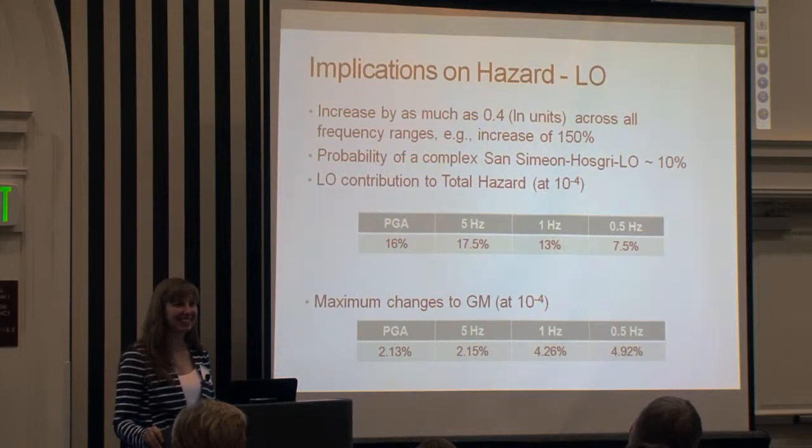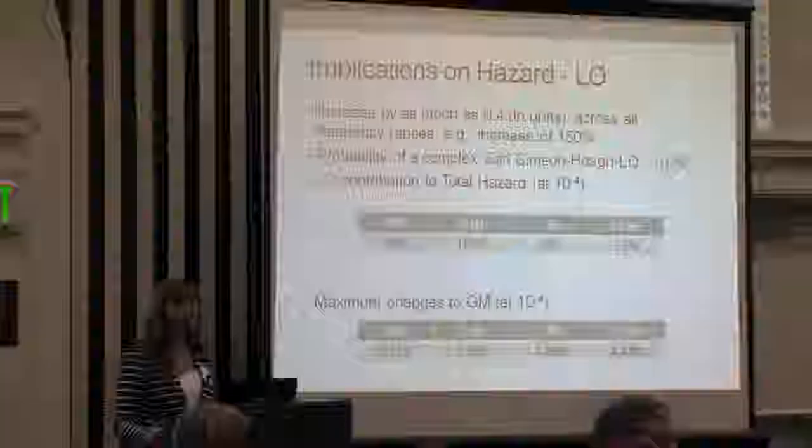But I don't think it would be surprising to have every single rupture be this complicated. So if the number was 20%, then you can basically double those effects. Okay? So if that helps you, I shouldn't say double the effect on the ground motion.